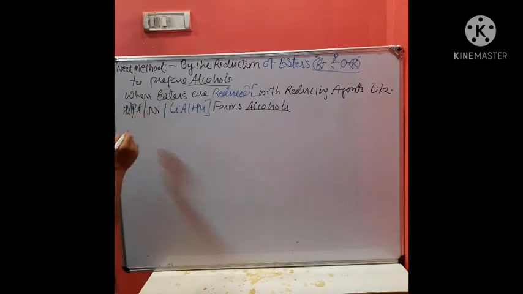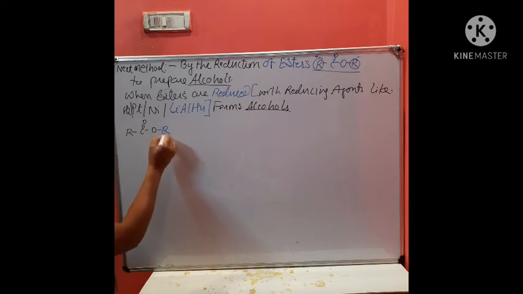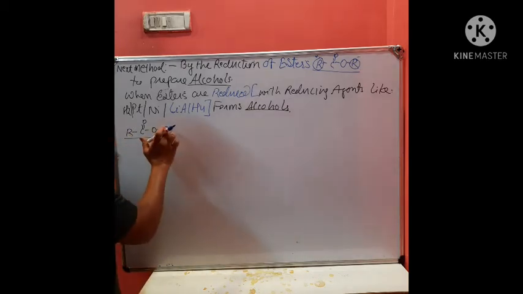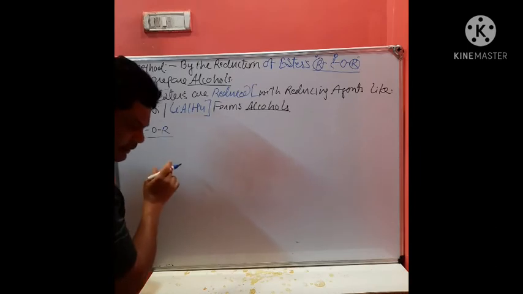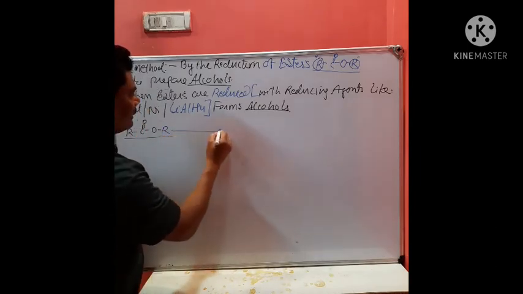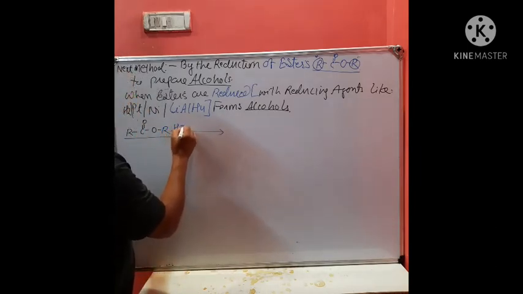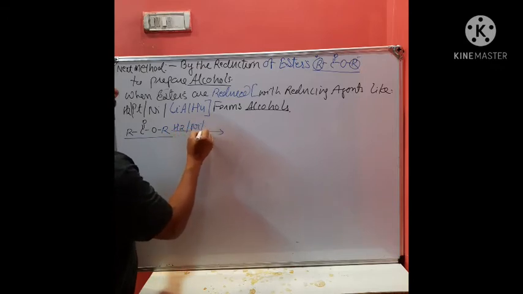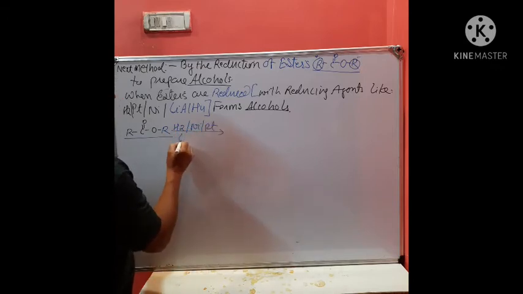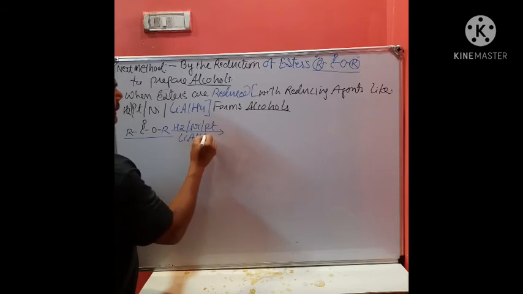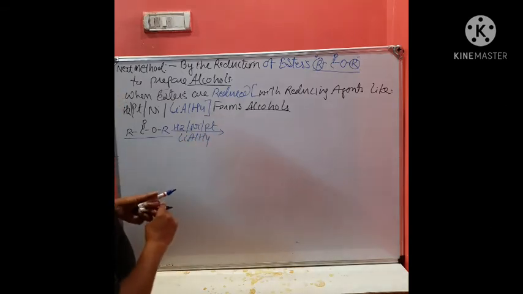Now, what should be the reaction? You can take any basic ester, where R is not specified. It is written as an alkyl group. Therefore, this is called the basic ester. H2 in the presence of nickel, or platinum, or with LiAlH4.